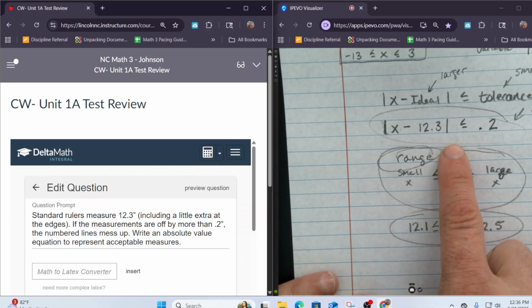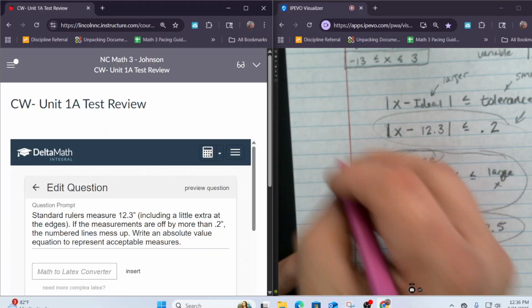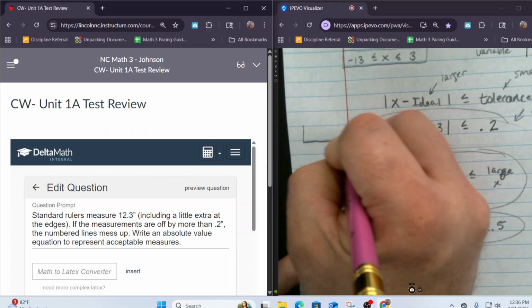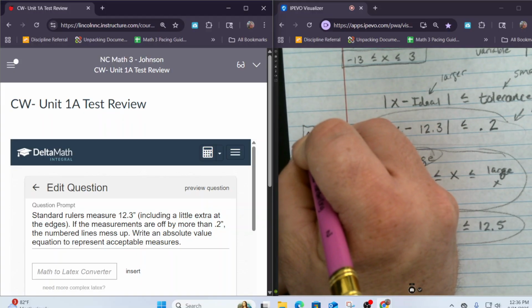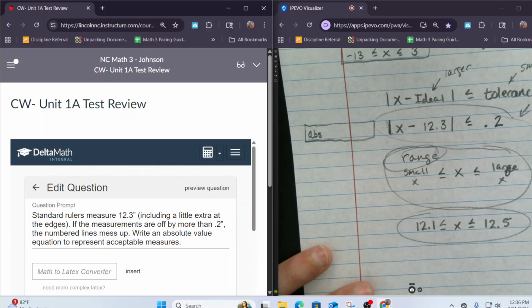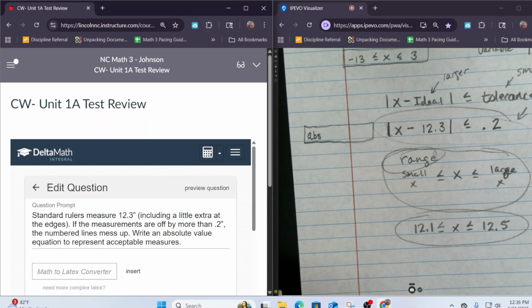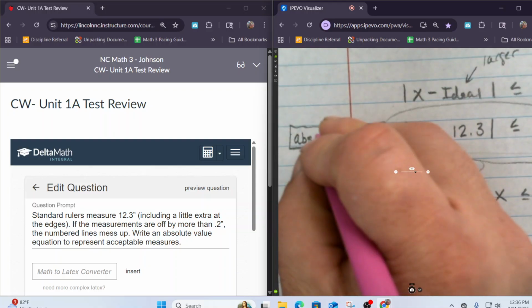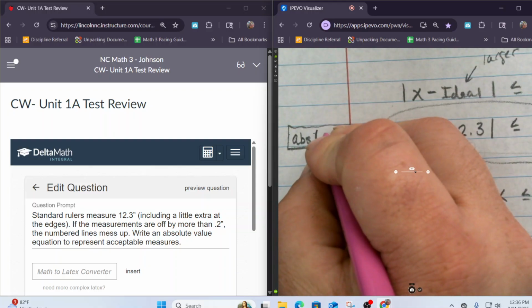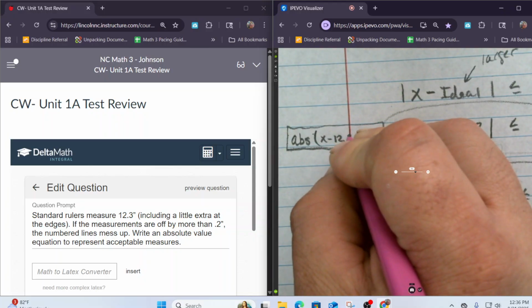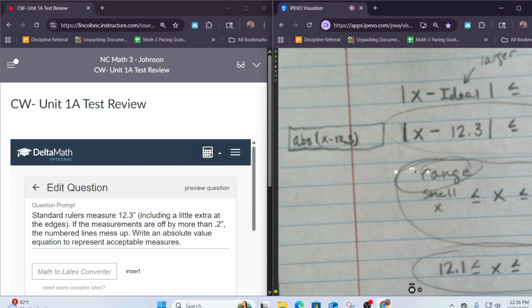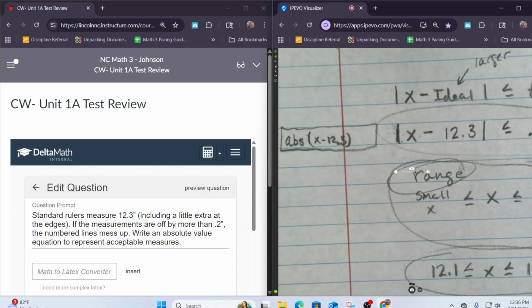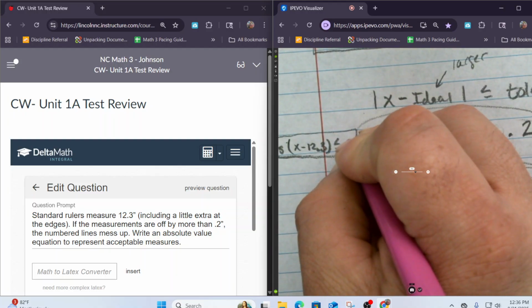The way you put this in is this. You start out with the letters ABS, open parenthesis, x minus 12.3, close parenthesis, less than or equal to 0.2.